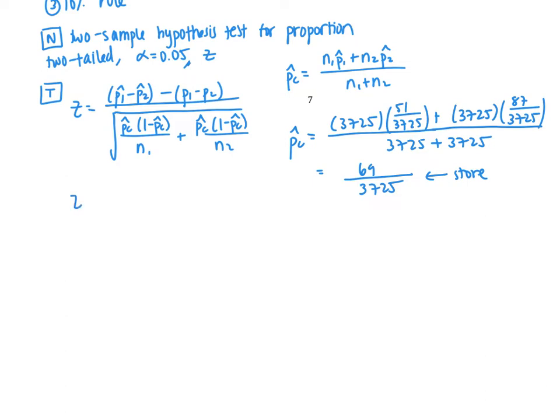So then our z, now doing all of that, we get 51 out of 3,725 minus 87 out of 3,725. This P1 minus P2, that comes from the null, so we're assuming the difference is 0.